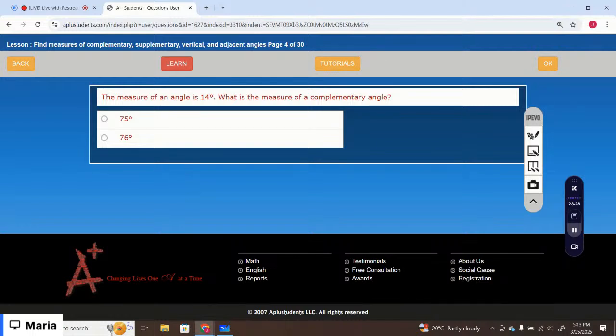The measure of an angle is 14 degrees. What is the measure of a complementary angle?